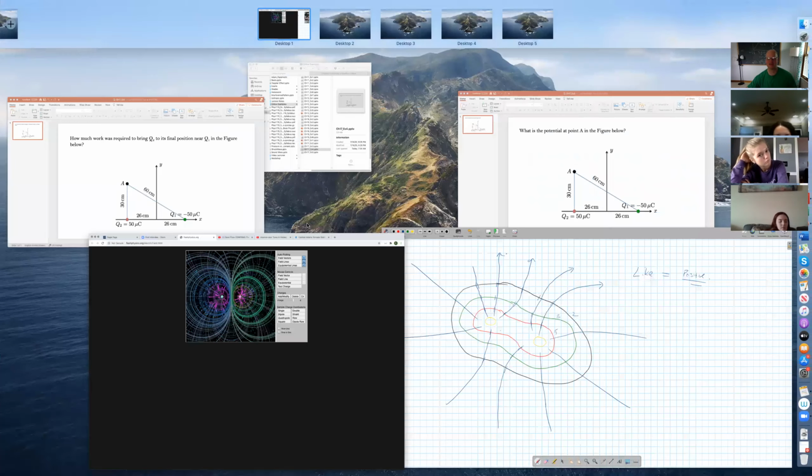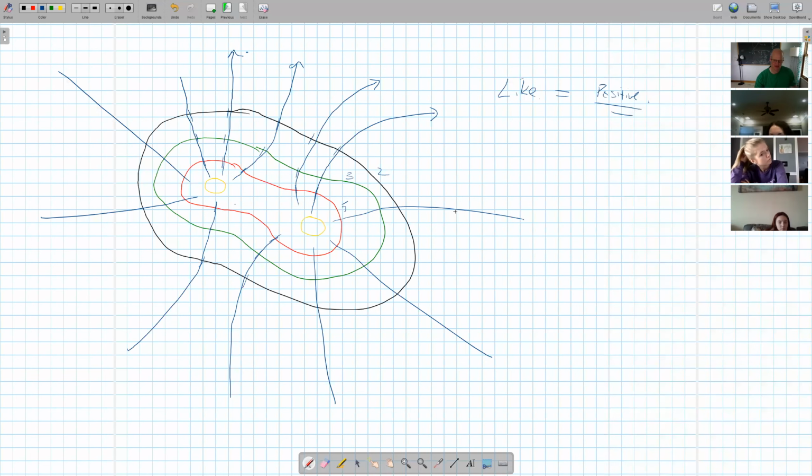So this is the utility then of these equipotential surfaces. So the equipotential surfaces tell me regions at which I do no work, where I have 0 change of potential, but more importantly, what they tell me is, what does the electric field look like throughout the entire space? So by knowing and mapping out these equipotential surfaces, what that tells me, again, is that the electric field has to be perpendicular to all of these equipotential surfaces.